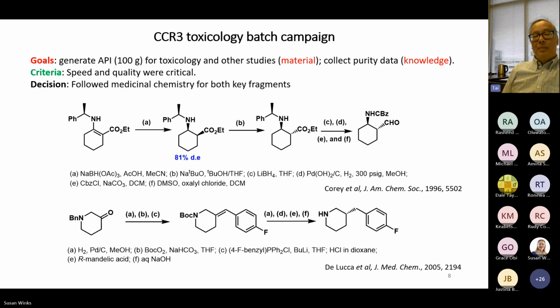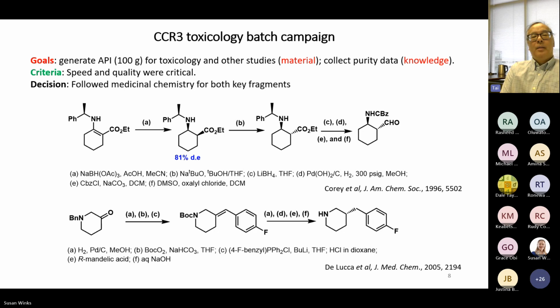The medicinal chemistry is actually very nice chemistry. For the amino aldehyde part, we followed the synthesis from Professor E.J. Corey in the Jacobsen paper in 1996. This is a substrate-controlled hydride reduction of an enamino ester.